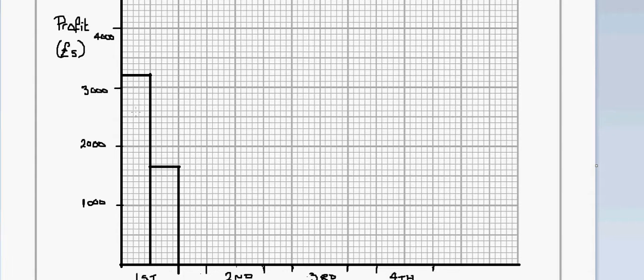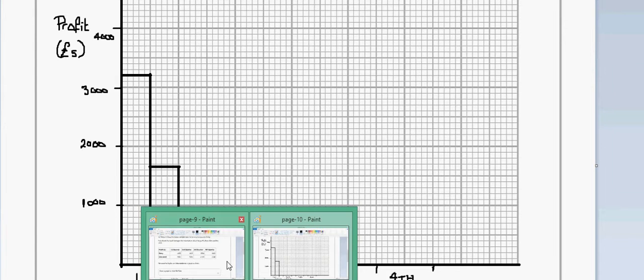Okay, so these little squares here are £100 squares, so this would be 3,000 plus the 200. And then I've drawn that bar.